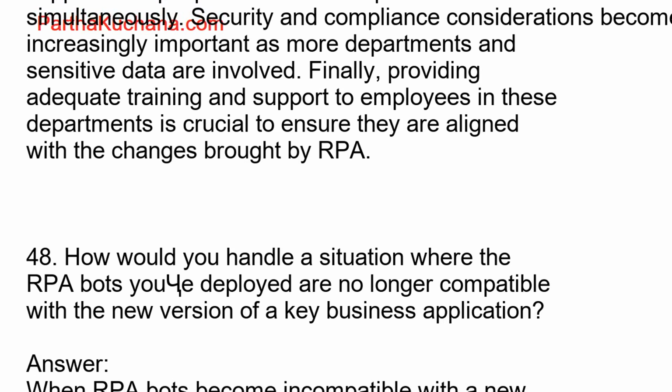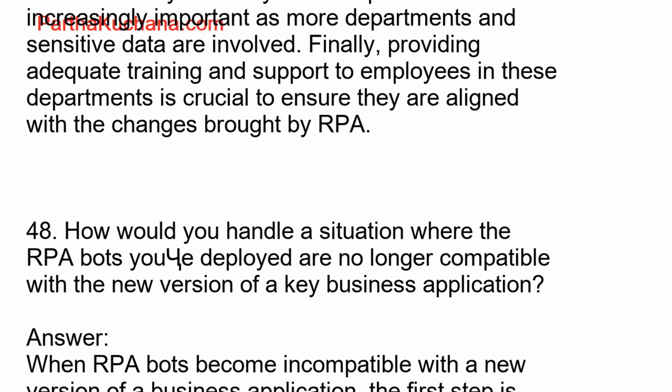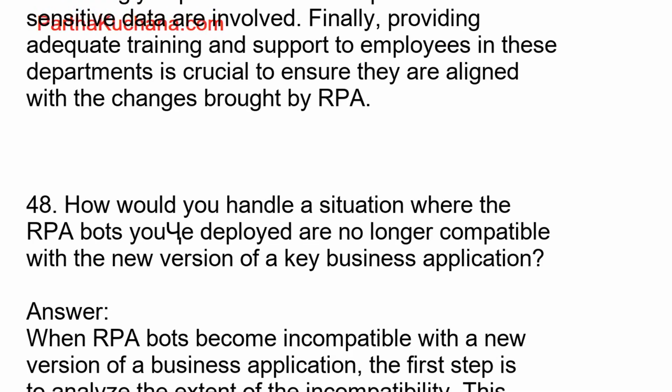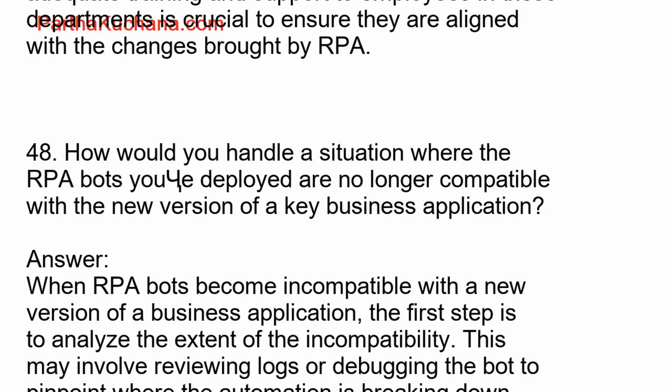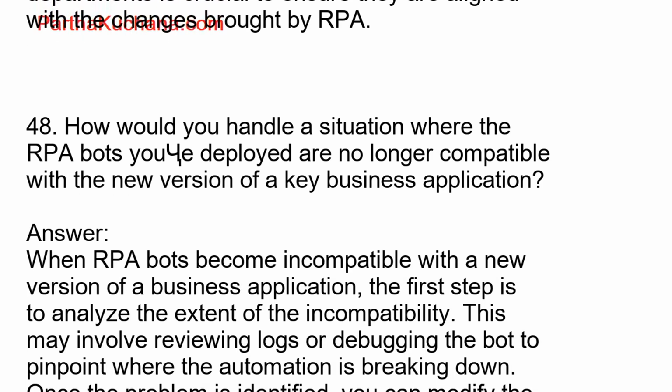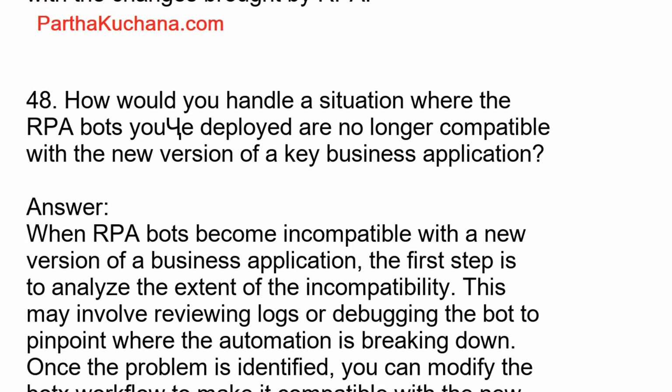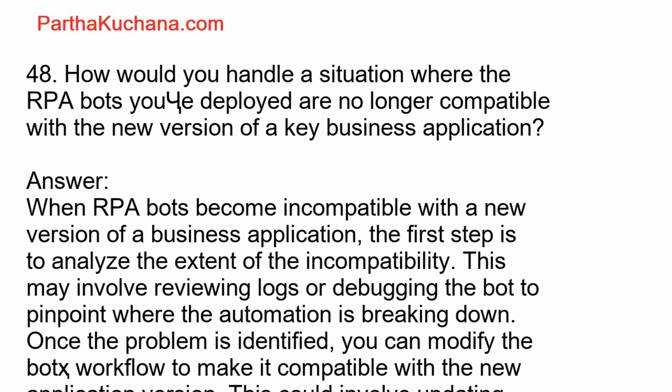Implementing a maintenance plan that includes periodic audits, regression testing, and refining the bot's logic ensures that it adapts to changes without a decline in efficiency. Establishing a feedback loop with users also helps identify any performance issues that may not be visible through logs alone.